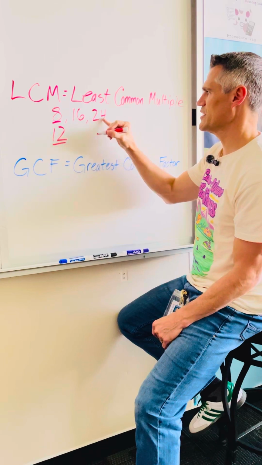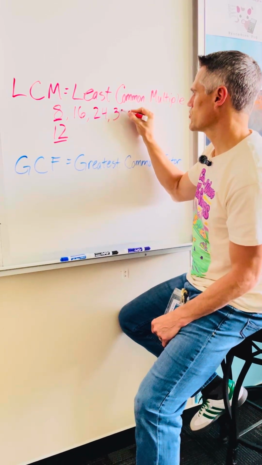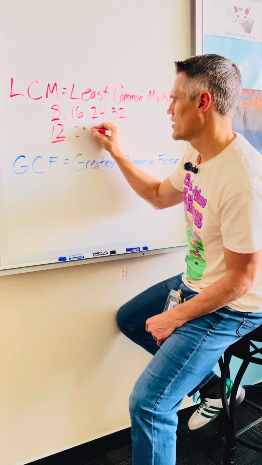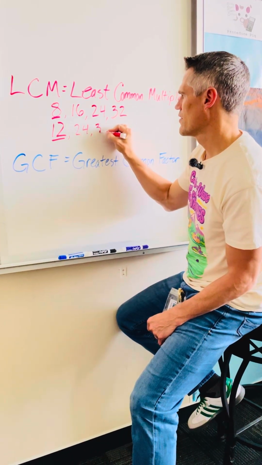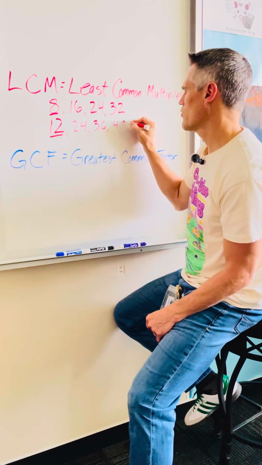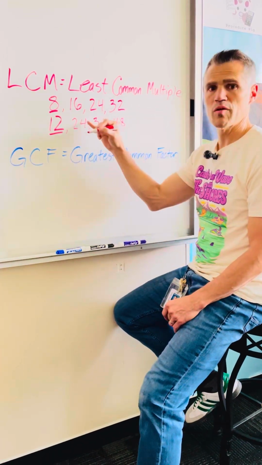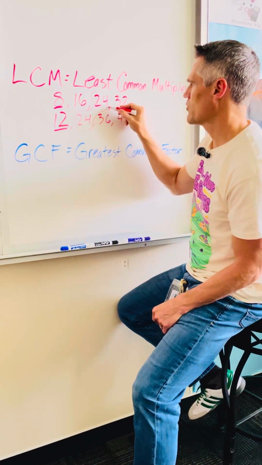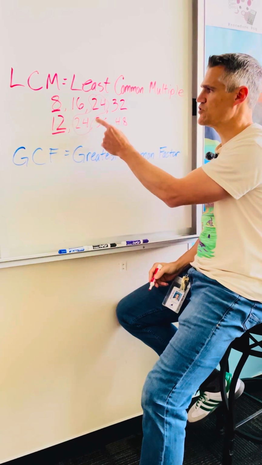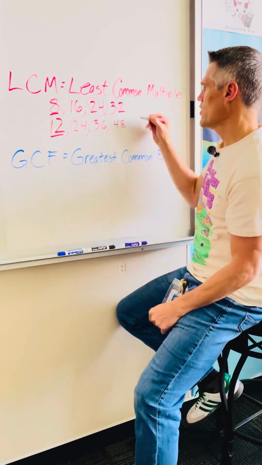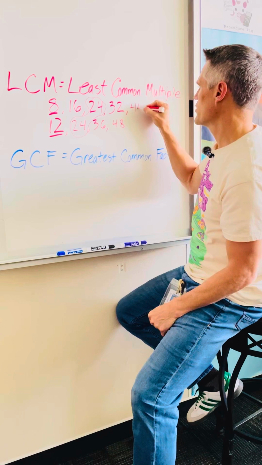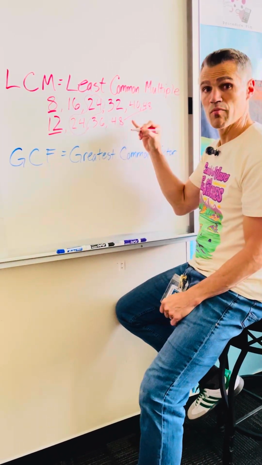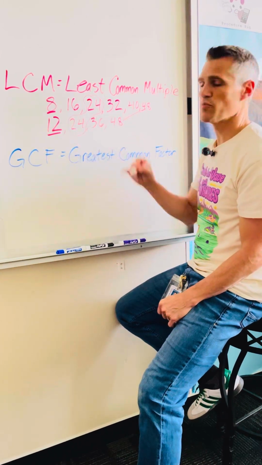So 8 and 16 and 24, 32, those are all multiples of 8. 12, we just add 12 to itself. 24, 36, 48. Well, we can see a common multiple, and that is 24. And we're looking for, so the least common multiple is the one that comes first. If we kept on going with 8, we would go to 40 and 48. We can see another multiple there, a common multiple. It's not the least common multiple, which is 24.